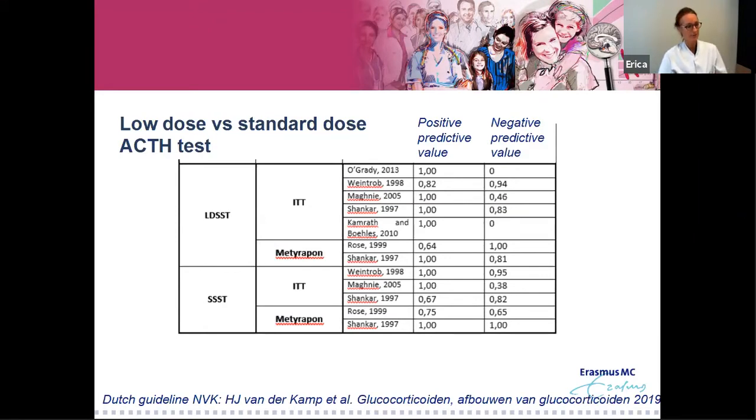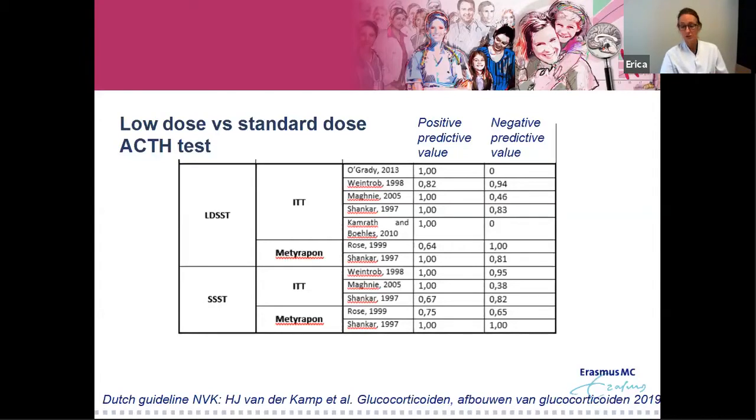You can choose yourself. What does the literature say about this? Well, the international guideline, for example, the guideline of the Endocrine Society on primary adrenal insufficiency prefers the standard dose test. But others prefer the low dose because in that case, the ACTH is more in a physiological level.